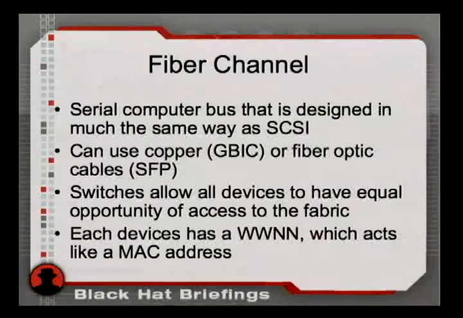You can use GBIC or SFP adapters, so copper or glass. And the switches allow equal opportunity for all the nodes on the network, which means each node has pure gigabit as opposed to 600 or 700 megabits worth of speed to the devices. Or if you go 10 gig, each node has 10 gigabits.